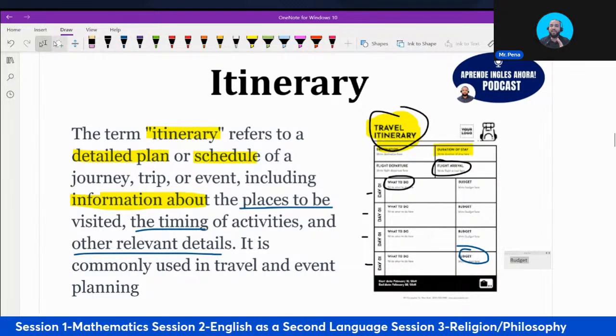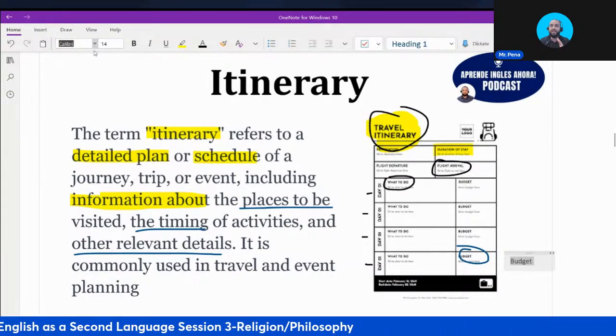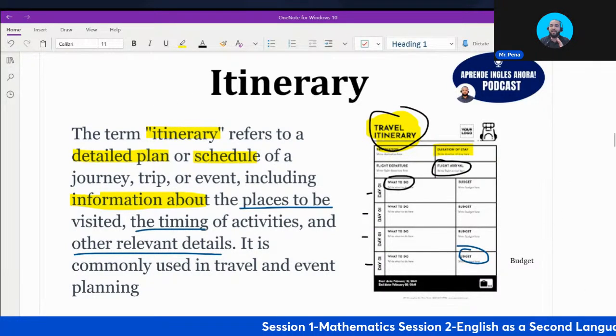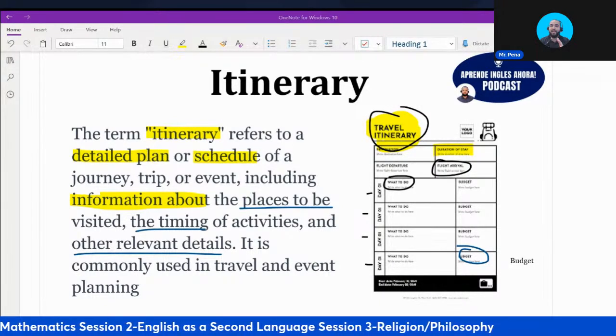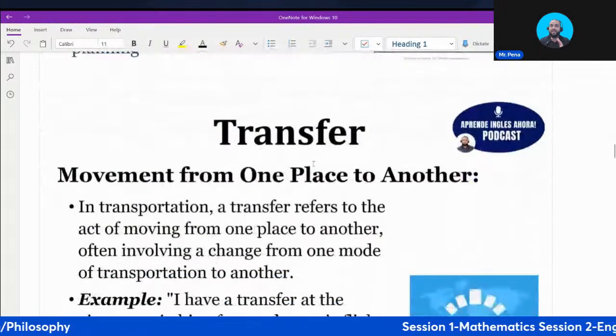The budget is how much it costs. That will be in the itinerary. So we plan our trips with a budget, but the itinerary includes a budget. An itinerary includes where you're going to stay, and what you're going to use, a car, or a bus or a train.